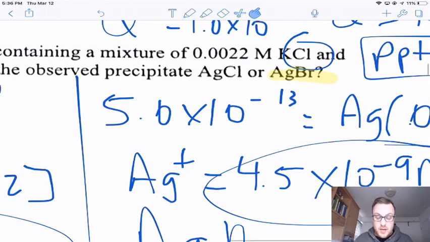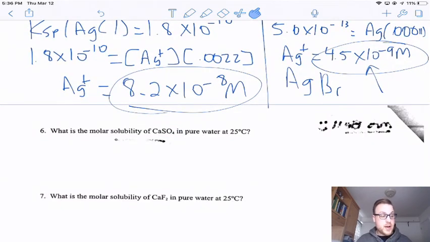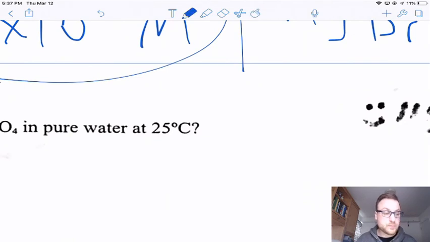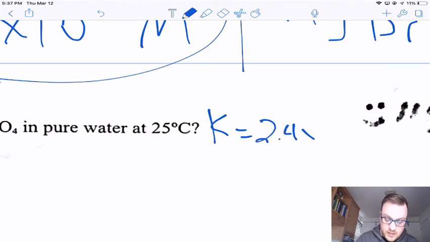Before you go on your own, I have a few K values I need to share with you for some of these problems. For number 6, if you flip to the next page, your K value in number 6 is 2.4 times 10 to the negative 5. That's Ksp.